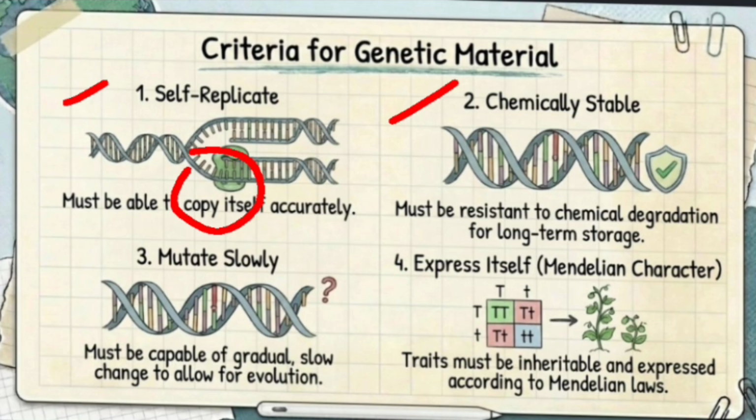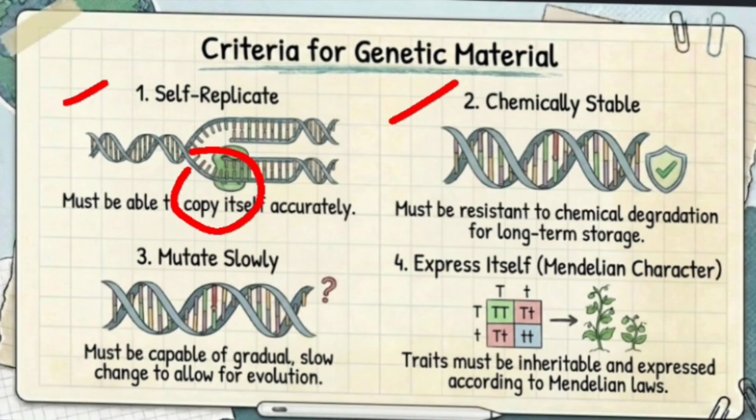Third, mutation rate. Mutation is important for evolution, but too many mutations can be harmful. So DNA mutates slowly, but RNA mutates fast because RNA has an extra oxygen atom which is very reactive.